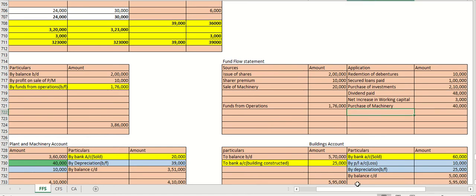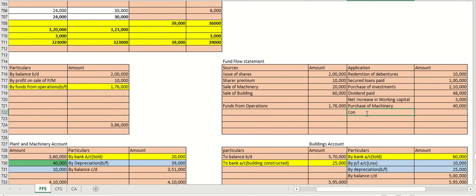Now let's move on to the next account, which is building. By bank account, sales of rupees 60,000. So sale of building, 60,000. Then to bank account, building constructed. So construction of building, whenever it is to bank account, it will come under application.